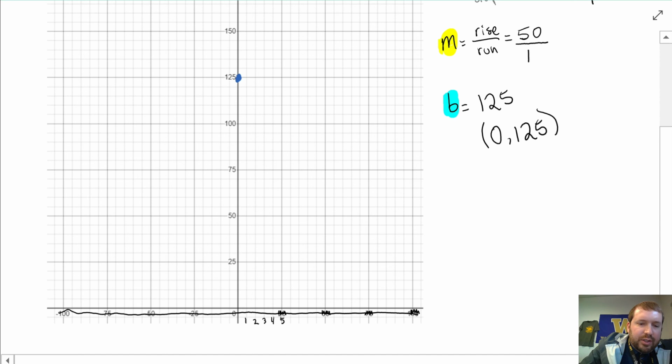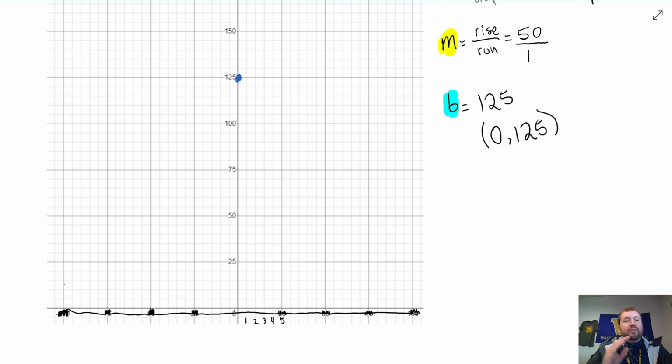Please make sure that your x-axis is consistent and your y-axis is consistent. Many times it's a good idea for those to be the same. So if one space equals 5 on the y, one space would also equal 5 on the x. However, that's not always necessary.